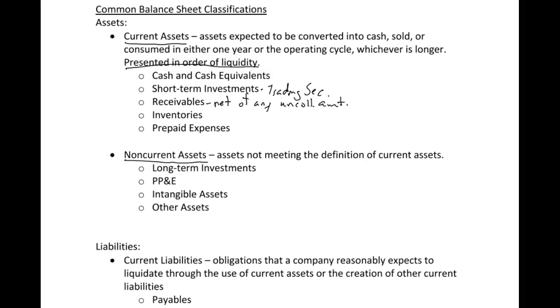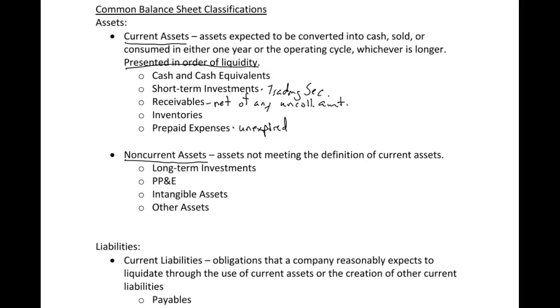Prepaid expenses, the balance represents the unexpired amount, meaning how much is still an asset, how much do we still have to use up. Non-current assets are assets not meeting the definition of current. Long-term investments will have a whole chapter devoted to that.